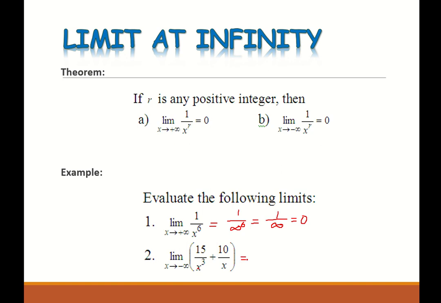Okay, so you have 15 divided by negative infinity raised to the power 3, that is still negative infinity, plus 10 divided by negative infinity.